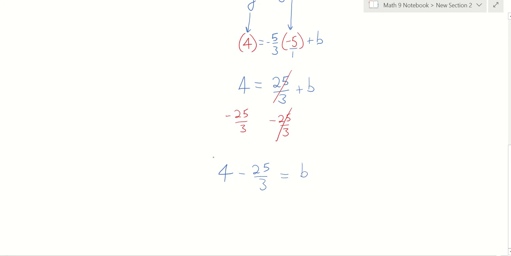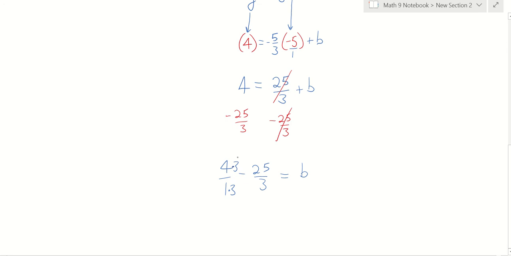Right? So we have our b value. Our b value is just this, 4 minus 25/3. We can figure out more specifically what this is, and we will want to do that for a final answer. So let's turn 4 into a fraction with the same denominator. Currently, it's a fraction that has a different denominator. So what would we do to this fraction to make it have the same denominator? We would multiply the denominator of this fraction by 3, but to make that allowable, we also have to scale up the numerator by 3 as well.